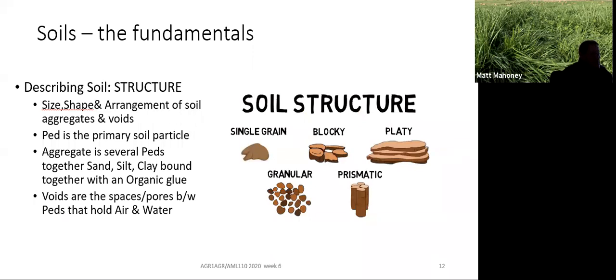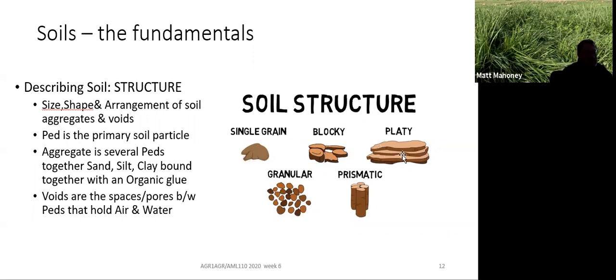So moving on to soil structure, this is the way in which particles are arranged and bound together. There's a few different main types. So singular grain peds, blocky peds.